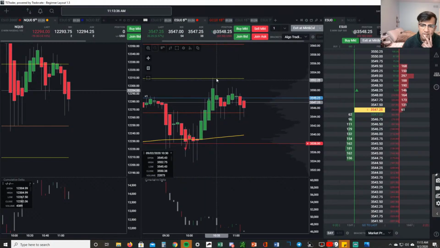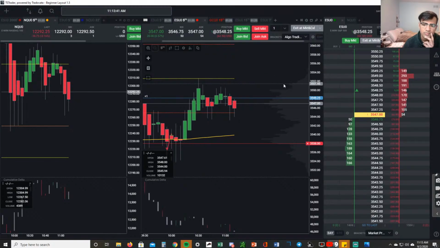But I made a nice play off of our resistance level to the tick, reversed.